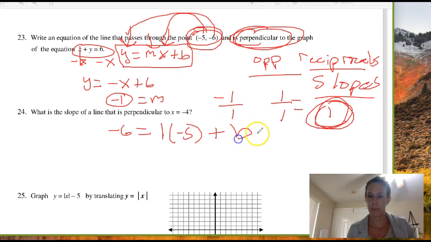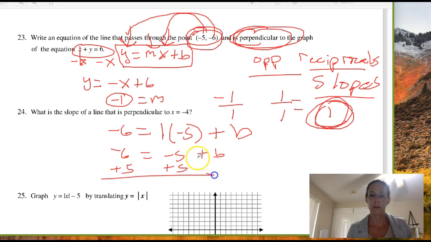That's my y-intercept. So do the math. Negative 6 equals negative 5 plus b. Add 5 to both sides, and I get negative 1 equals b. So my y-intercept is negative 1.